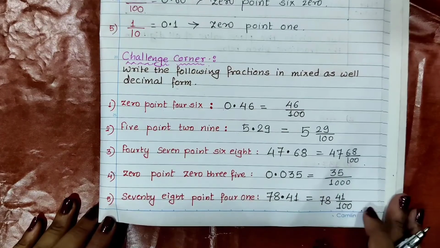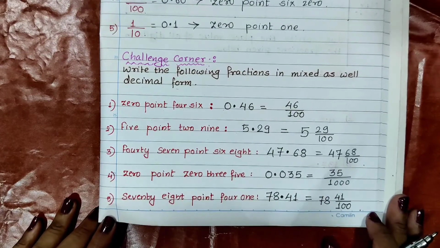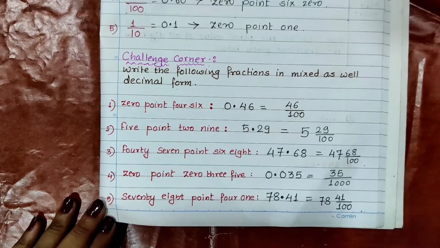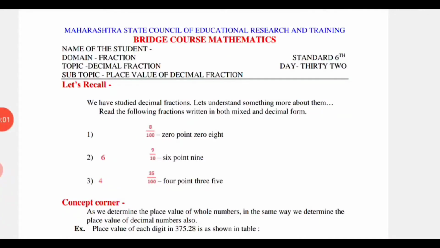So here we have completed our activity sheet number 31. Now let us go on to activity sheet number 32. On day 31, we have seen how to read and write a fraction in decimal form, fractions having multiples of 10 in the denominator.